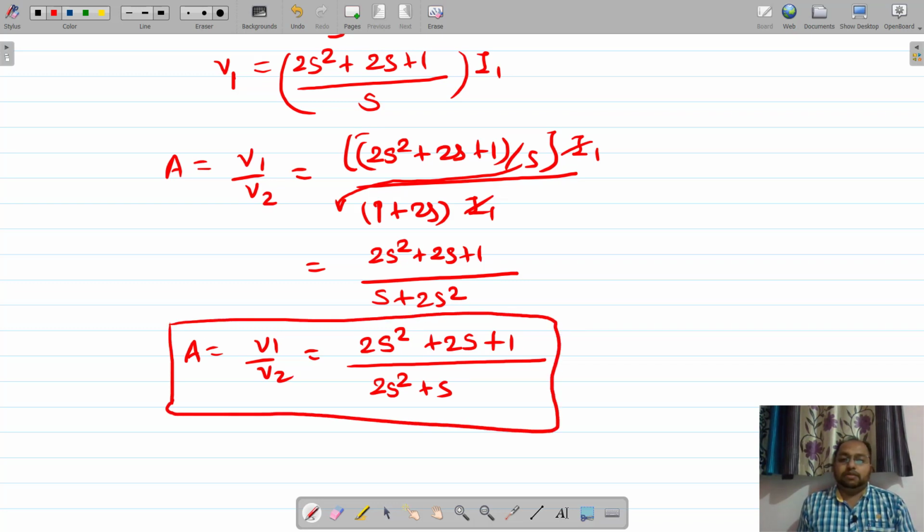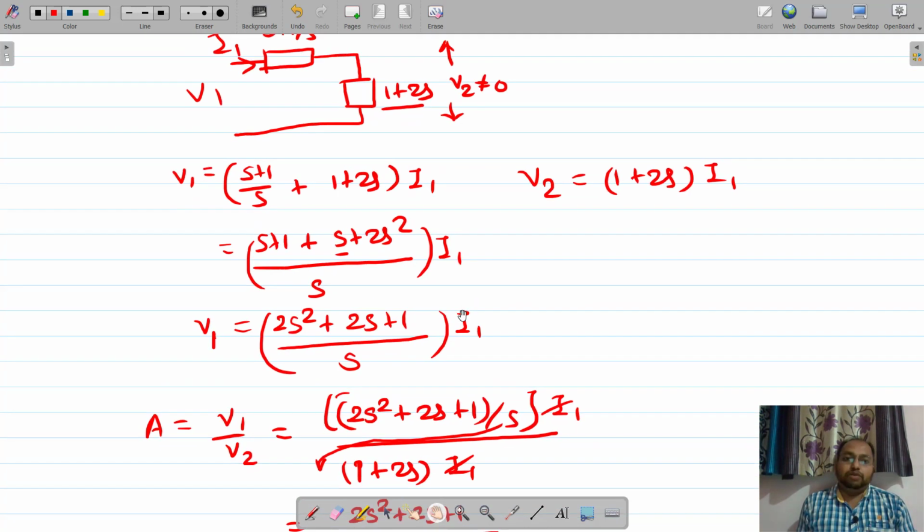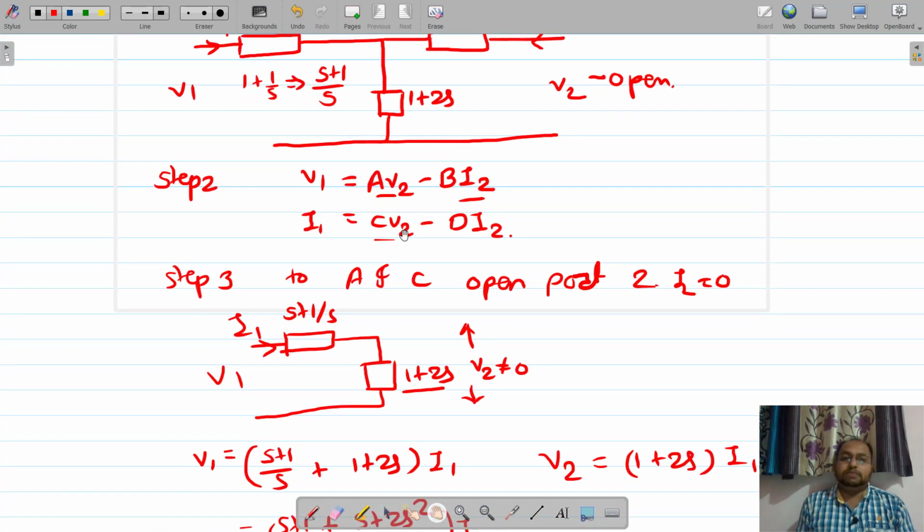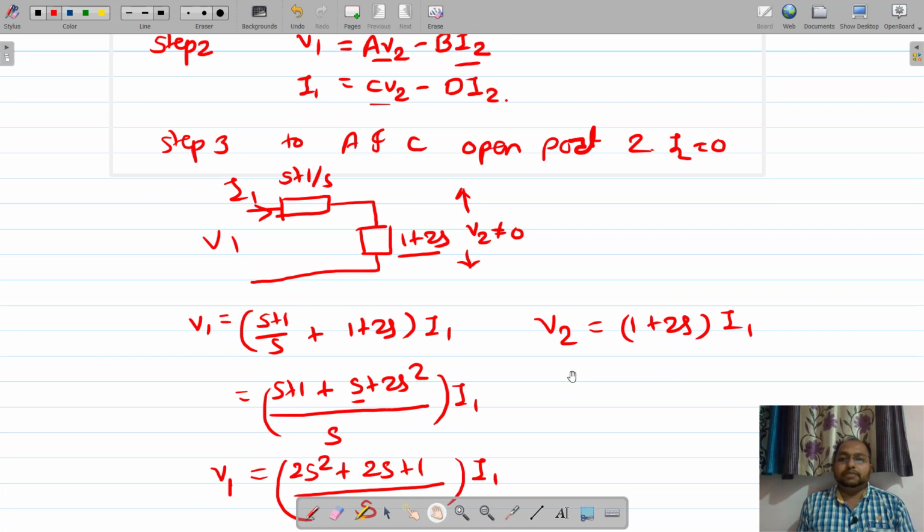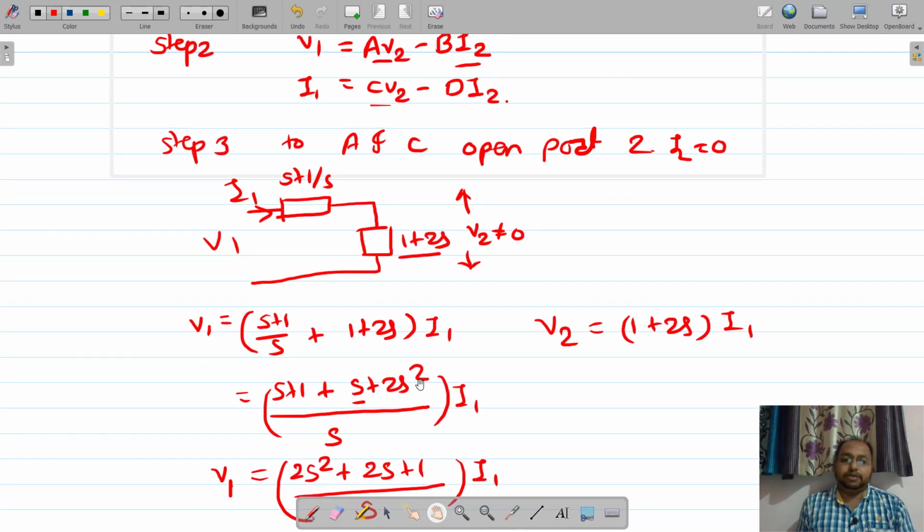Okay, now how to find the other parameter? This is nothing but C. C is nothing but I1 by V2. So from this, can I get C? Yes, definitely I can get it. Let us take I1 to the left hand side. So V2 divided by I1 is equal to 1 plus 2s, but my C is I1 by V2.